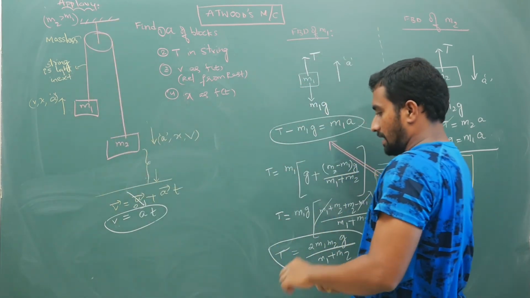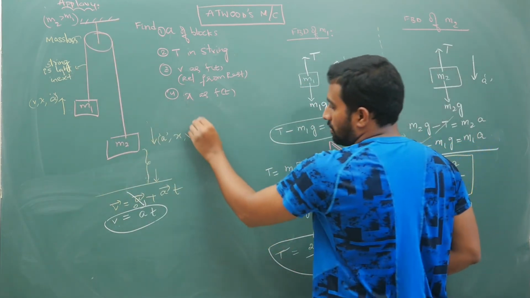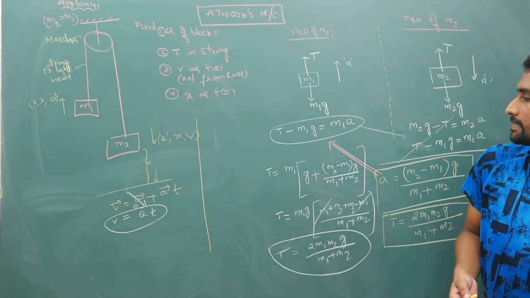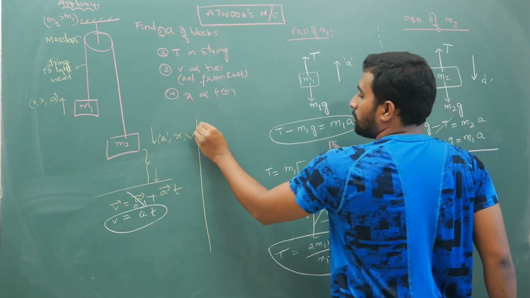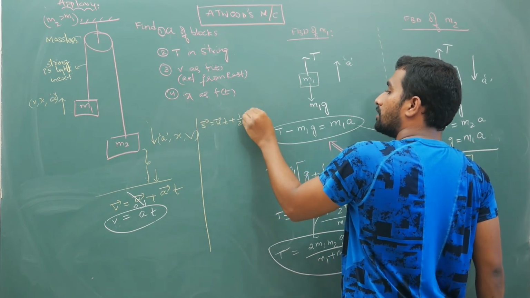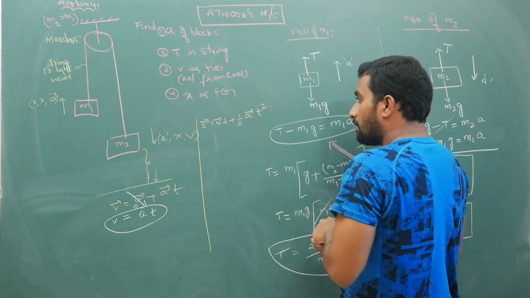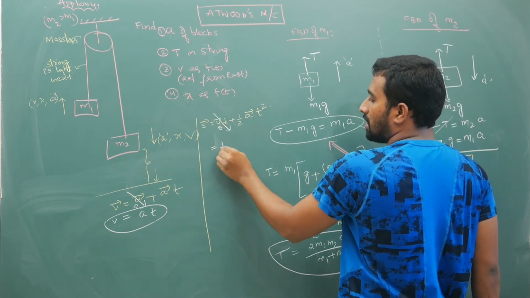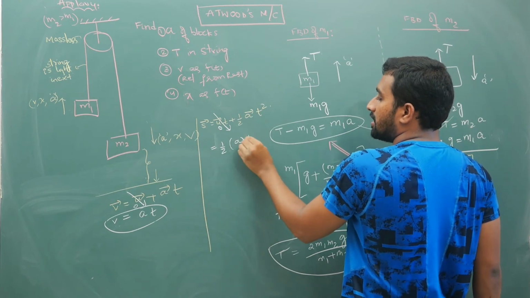And coming to your position, what you can do is apply s bar is equal to u bar into t plus half a bar into t square. Because your initial velocity is 0, plus half into acceleration a into t square.